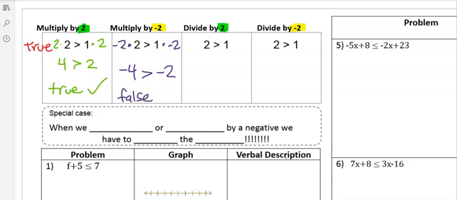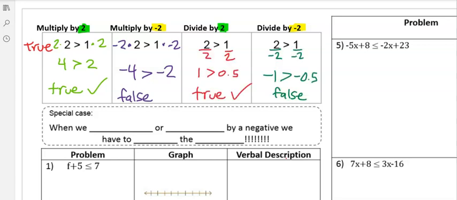Okay, so take a moment to do the last two. Pause the video and do the other two. All right, so hopefully you've looked at the division. When we divided by 2, we got that 1 is greater than 0.5. Because 1 is greater than 0.5, that's true. But what happens when we multiply by -2, or divide by -2?